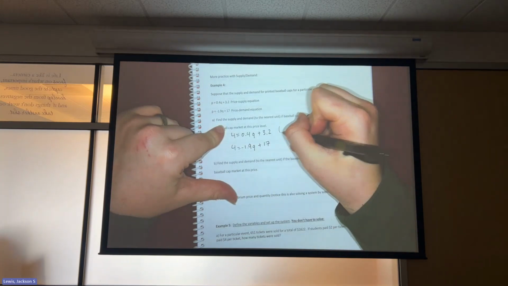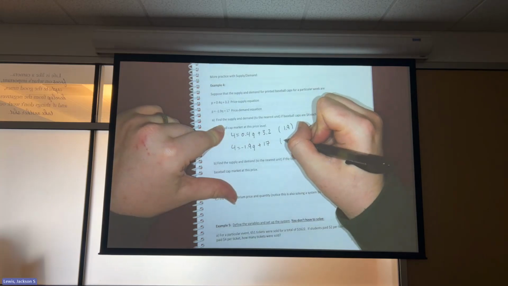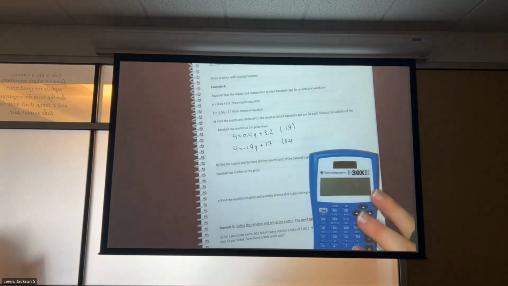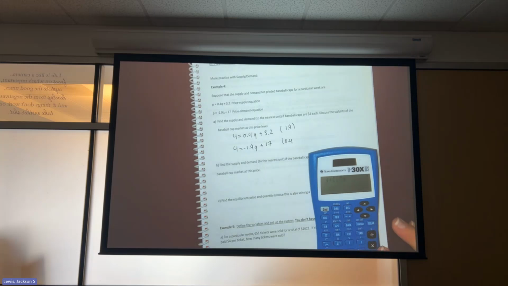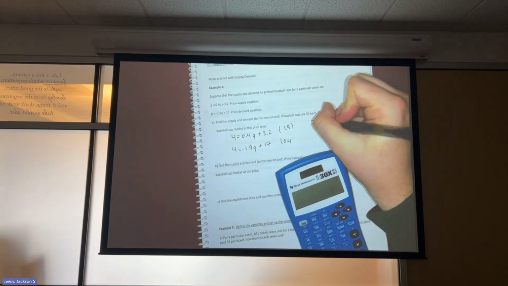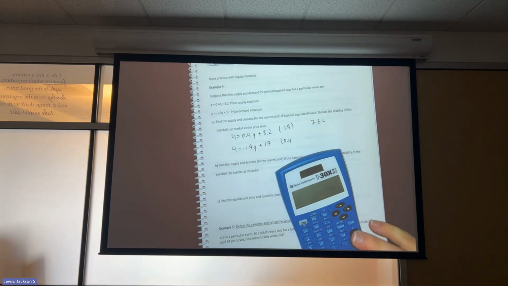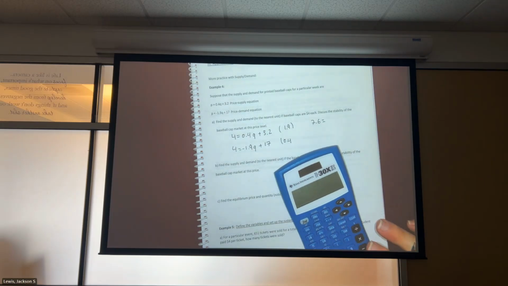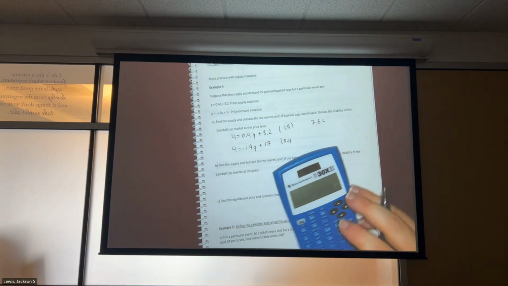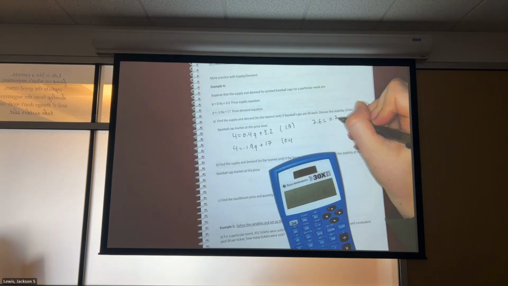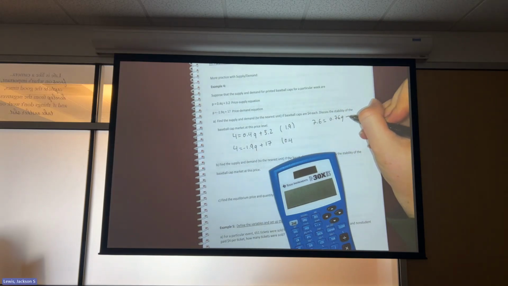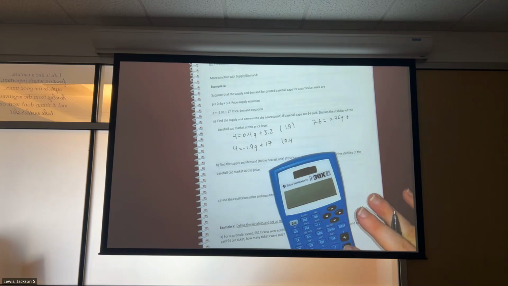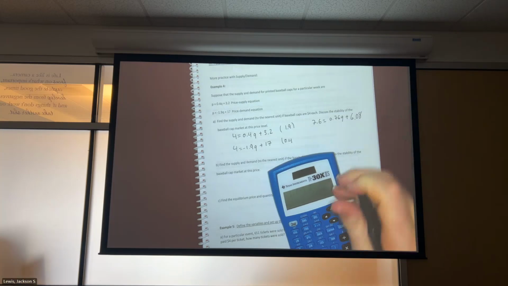I'll multiply this top equation by 1.9, and the bottom equation by 0.4. 4 times 1.9 is 7.6, and that equals 0.76q plus 6.08.